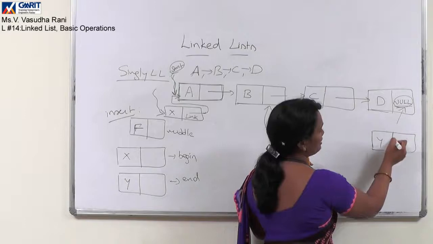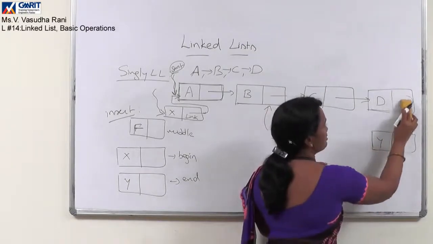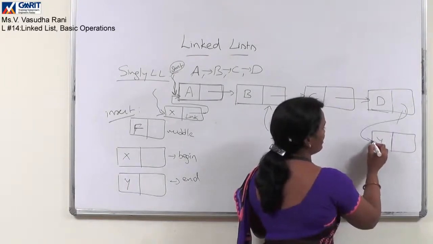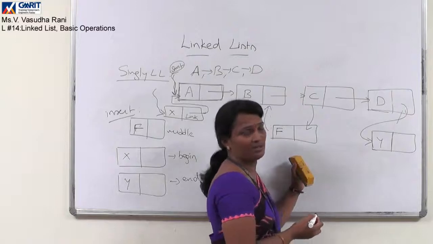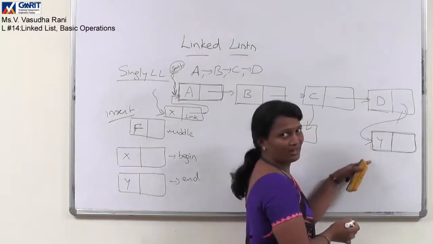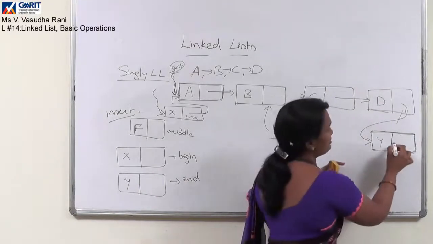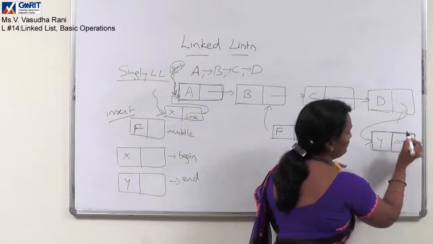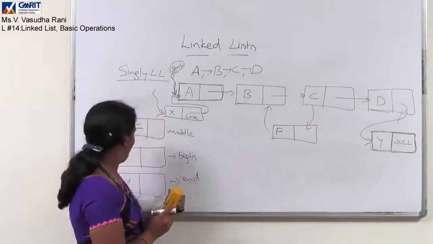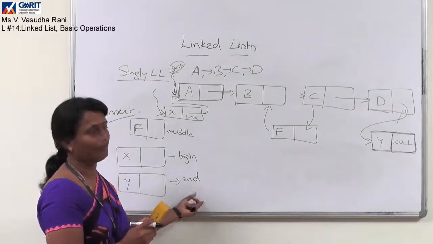In order to make Y the next node of D, the D link field should contain the address of the Y node. Then Y has become the last node of our list, and the last node's address field should contain null. So this is how the third case of the insert operation can be performed.